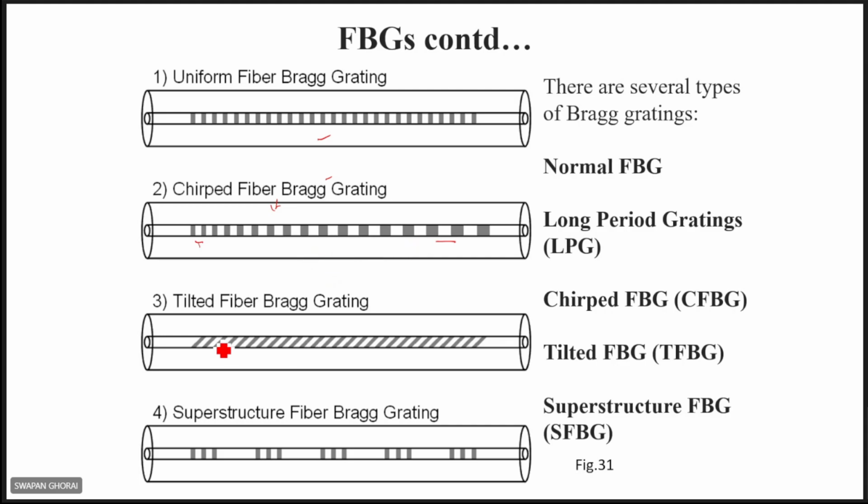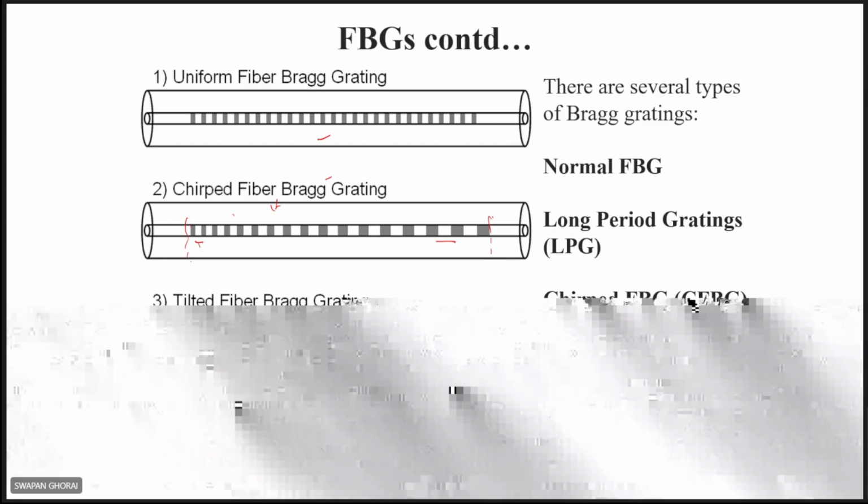Tilted fiber gratings can be tilted like this, right? Superstructure grating is another most advanced type of FBG, where within the total grating length there can be variation, with grating, no grating, grating, no grating, like this. Then you can have superstructure fiber Bragg gratings. Important and very useful for sensors.